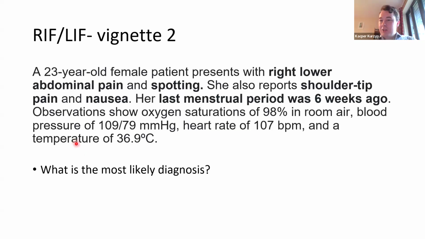Now, second presentation. 23-year-old female, right lower abdominal pain and spotting, shoulder tip pain and nausea, last menstrual period 6 weeks ago, saturating fine, the blood pressure also fine, but the heart rate is a bit high. She doesn't really have fever.